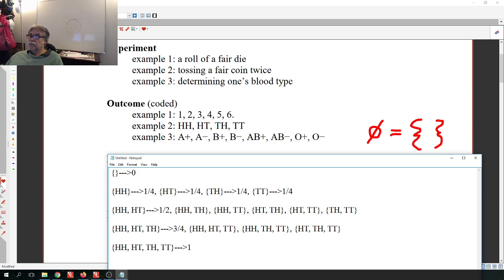Something will happen. So you have here events where some of them are assigned 0 or 1, 4 of them are assigned 1 out of 4, 6 of them are assigned 1 out of 2, and 4 of them are assigned 3 out of 4 as a probability, as a chance. Okay?